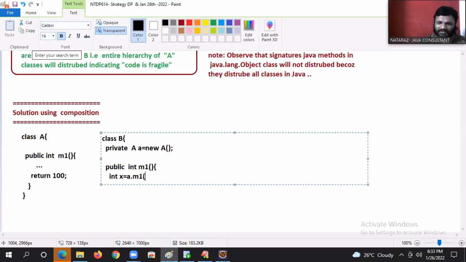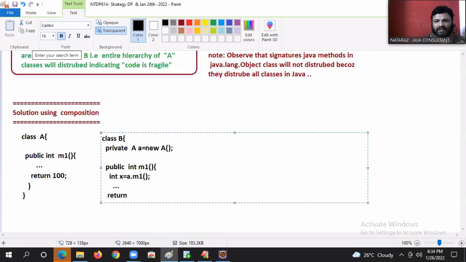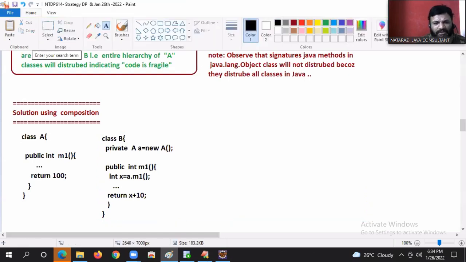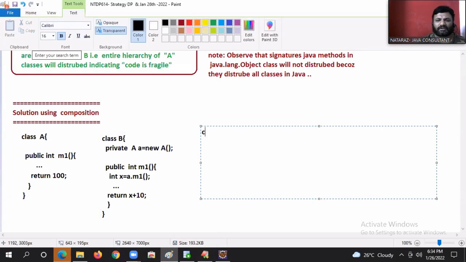Now this M1 is not an overridden method. It is just another normal method. Here some logic: return x plus 10, guys.